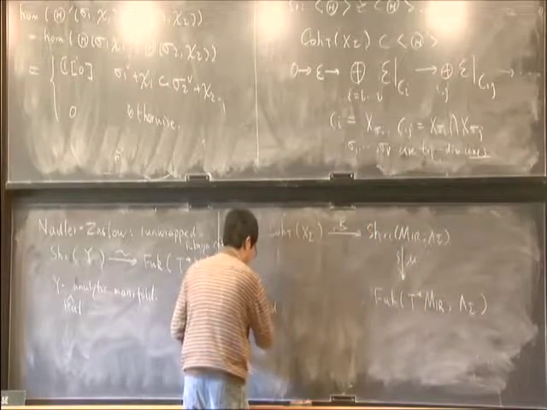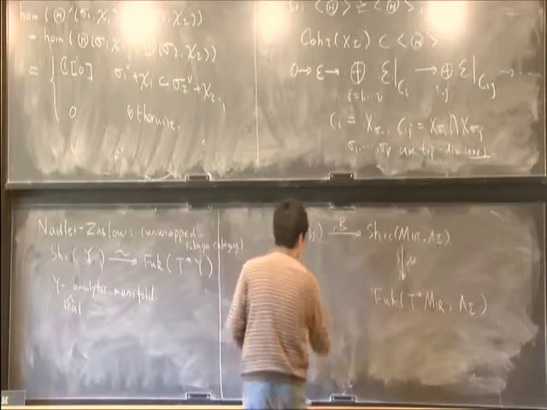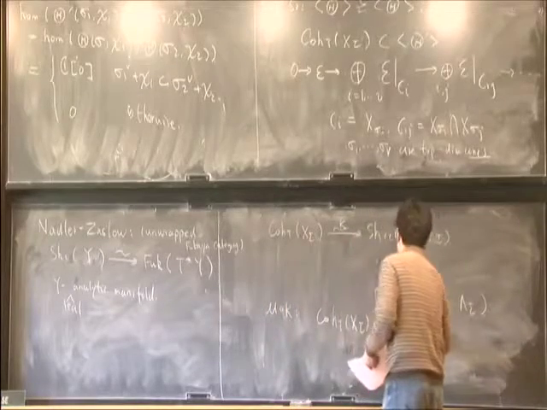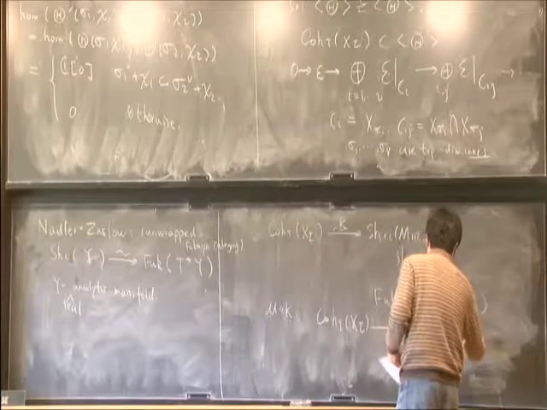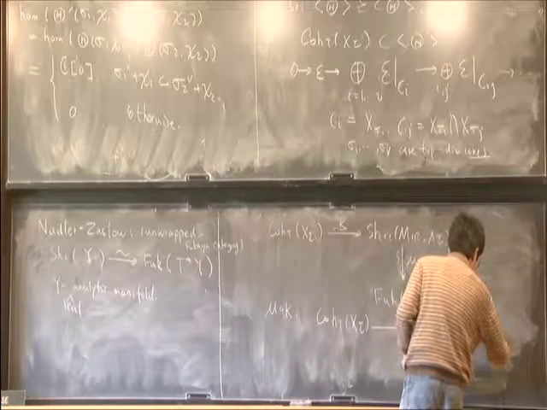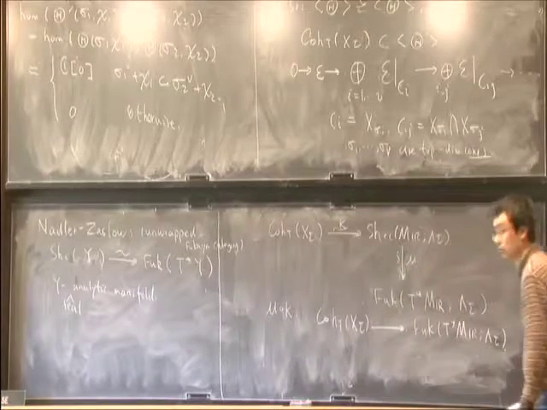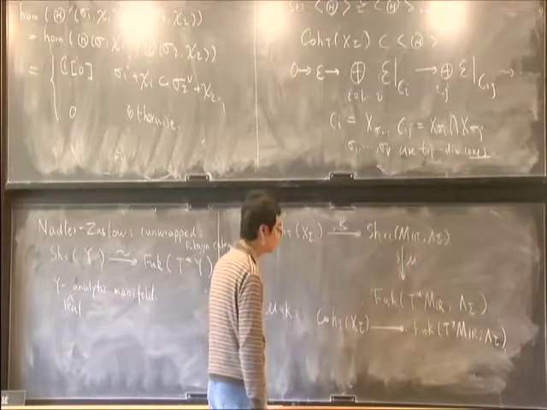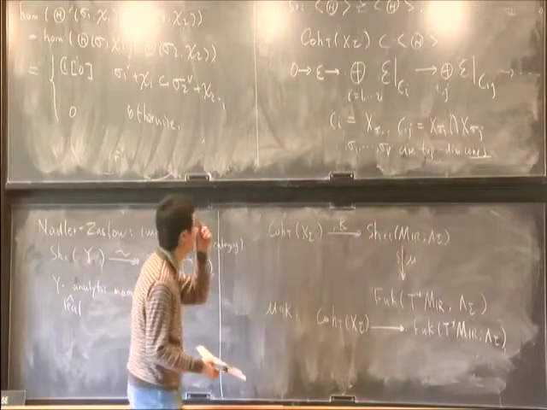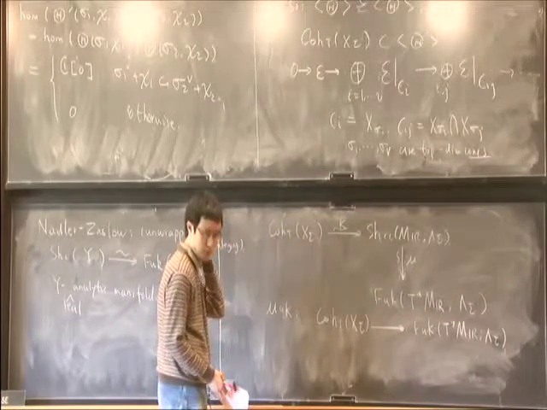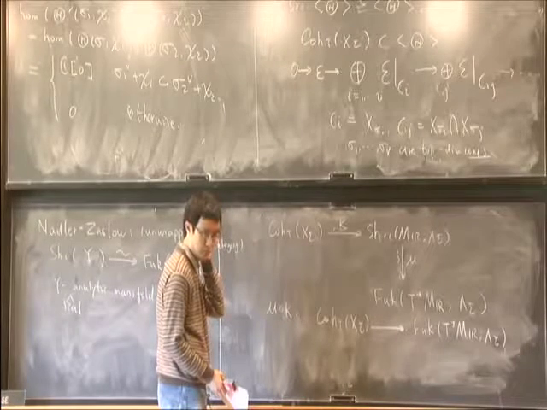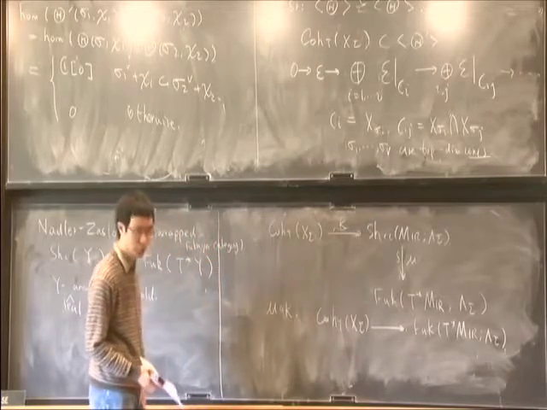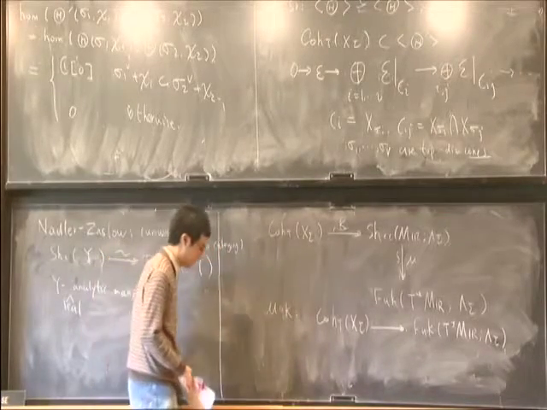Combining these two functors, we have a functor from the category of coherent sheaves on X sigma to the Fukaya category of T star MR with lambda sigma. The Lagrangians in this Fukaya category are Lagrangians which at most go to infinity along lambda sigma. But it could do less; of course, it can be the base manifold.